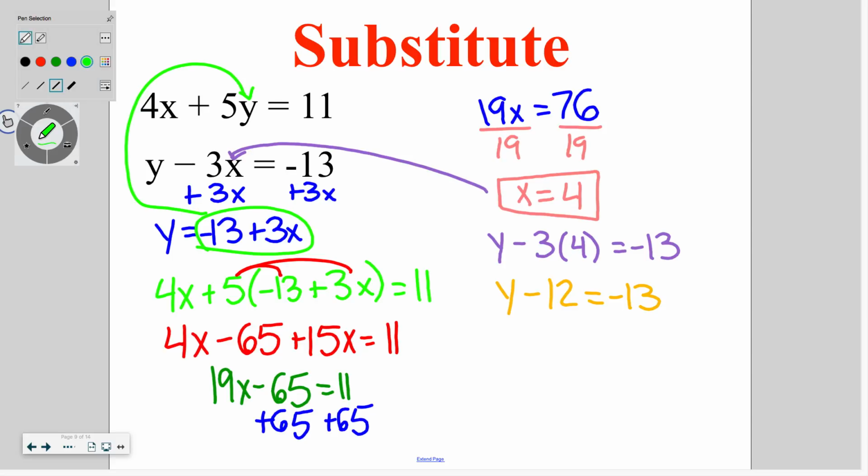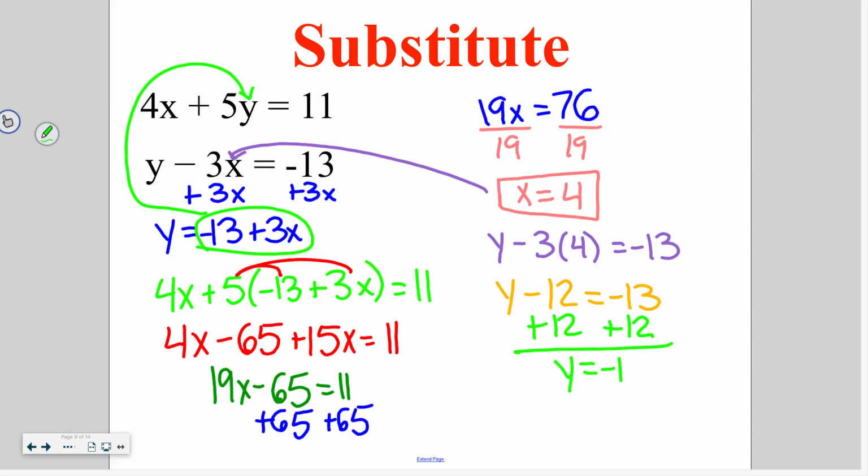Adding 12 to both sides, I end up with y is equal to negative 1. So there's my second answer, giving me a final solution of 4, negative 1. So taking that extra step to get the variable by itself to start on this one.